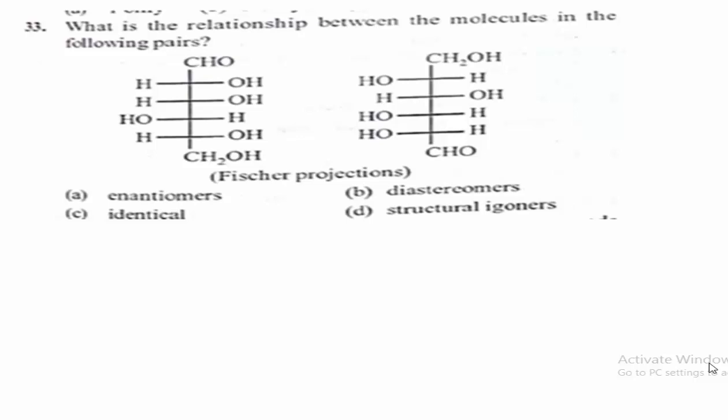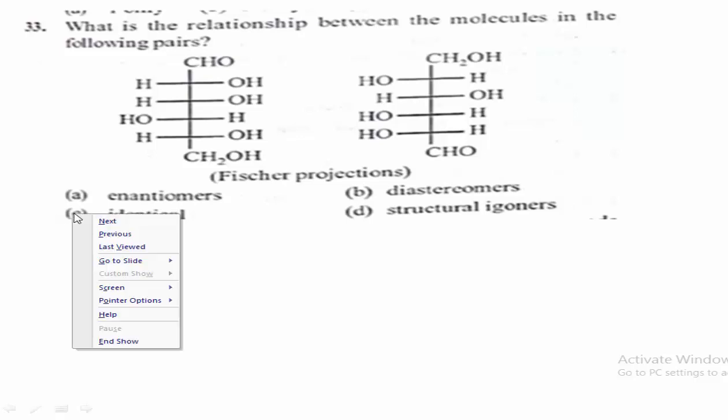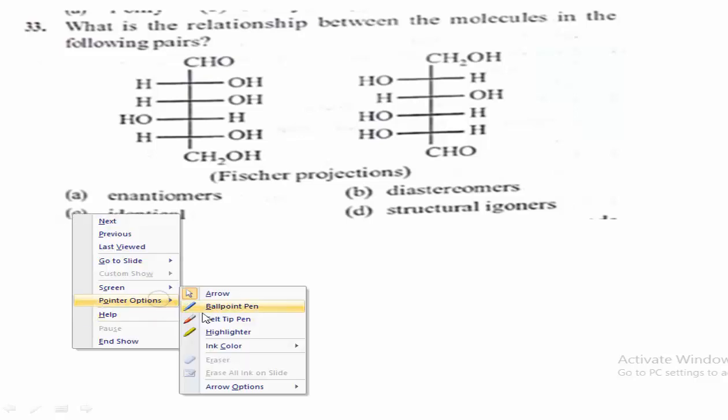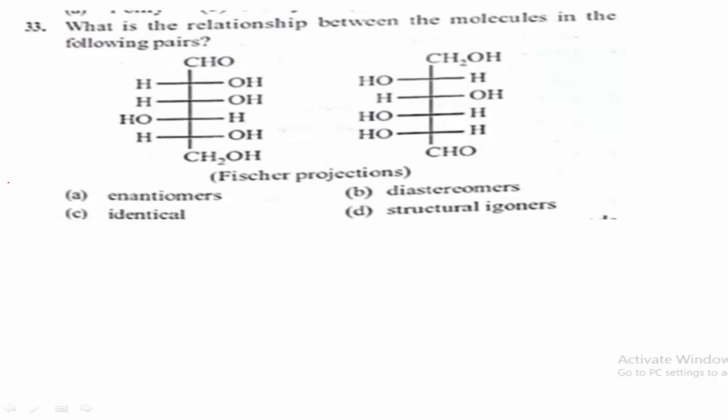Students, before going to the answer, first recall what identical structures, enantiomers and diastereomers are. I write some points related to this question here. First one, identical. What are identical structures, students?